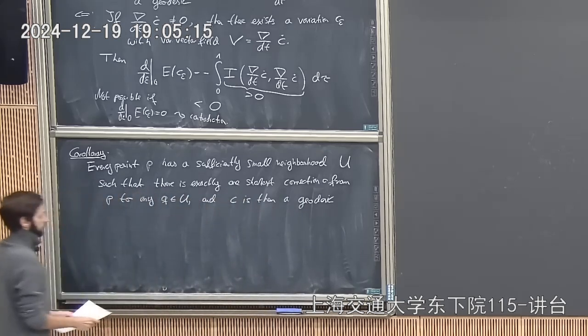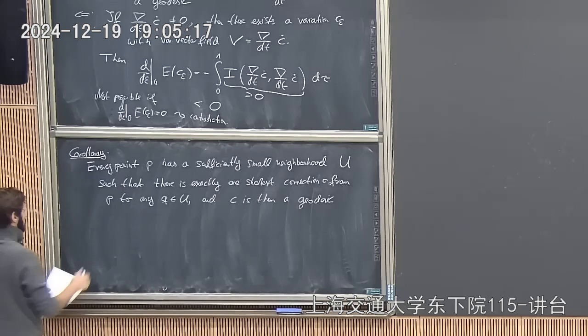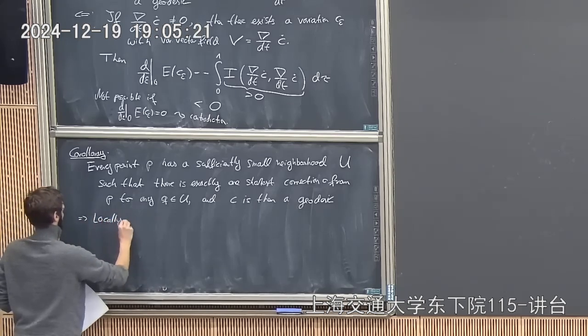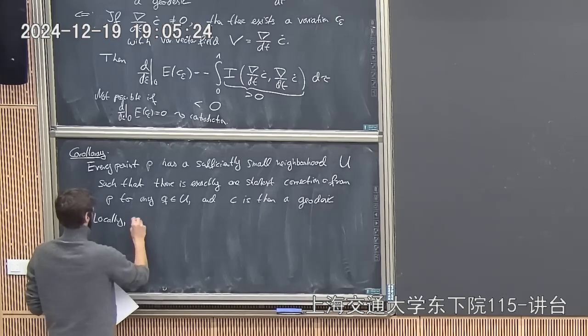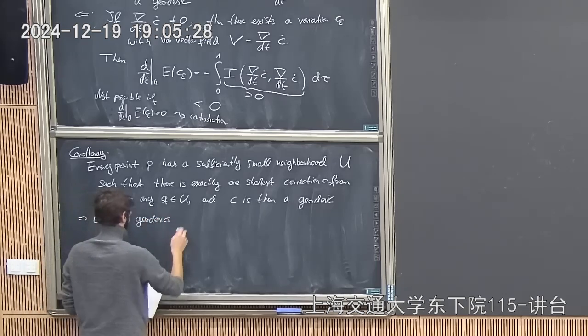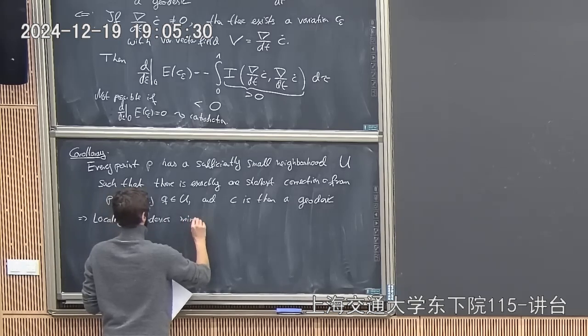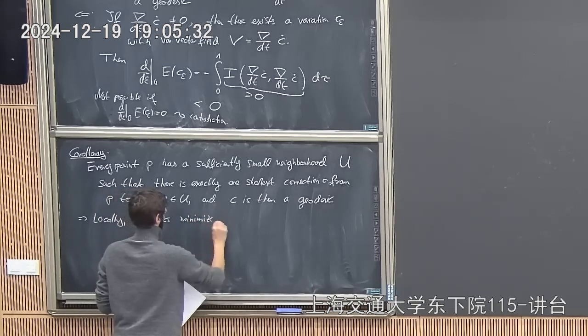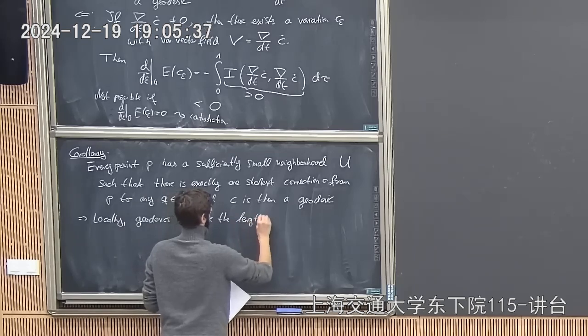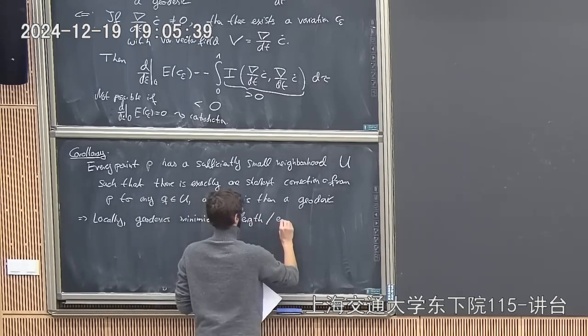So this corollary essentially says that locally geodesics minimize the length or the energy.